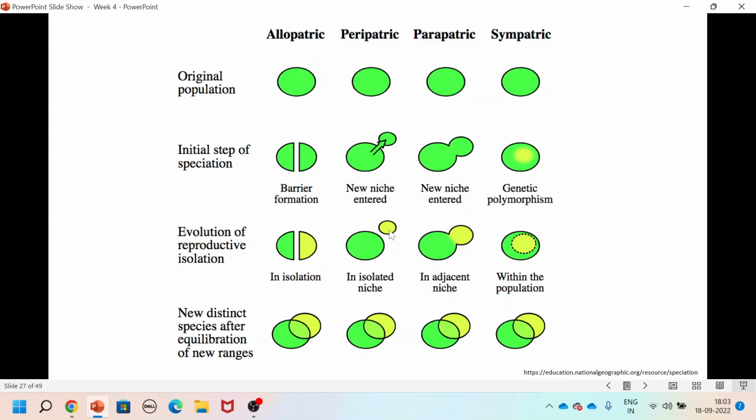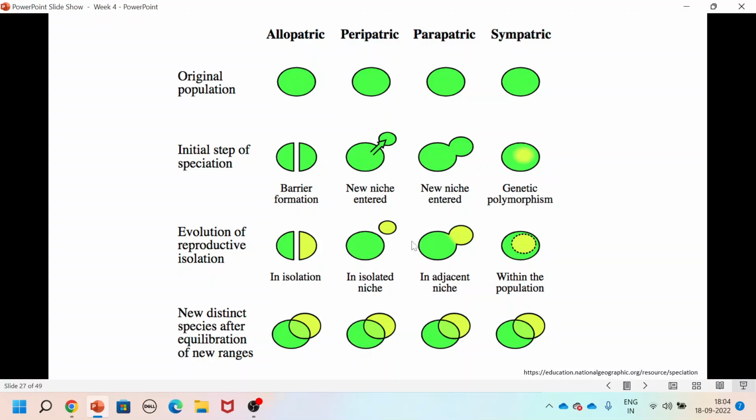This minor population is prevented from exchanging genes with the main population. Now, suppose from the original population, a bunch of individuals get separated, and this population now does not reproduce with the main one or evolves to have reproductive isolation, and now it will form a different species among themselves.